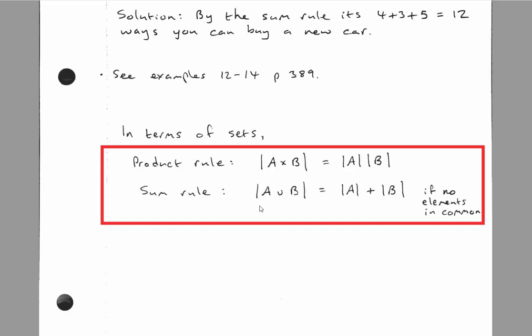For the sum rule, that's more like the cardinality of a union of two sets. So if you have two sets A and B with no elements in common, so they have an empty intersection, then the number of elements in A union B is just the number of elements in A plus the number of elements in B. And we'll see next what happens if they do have elements in common.